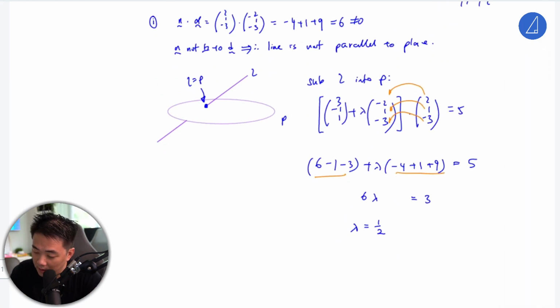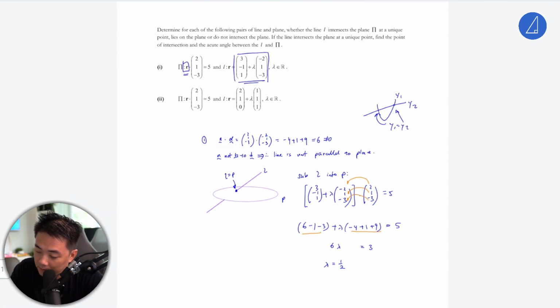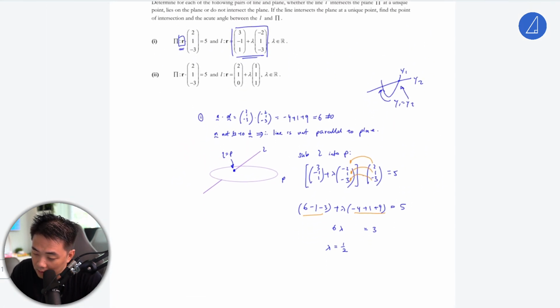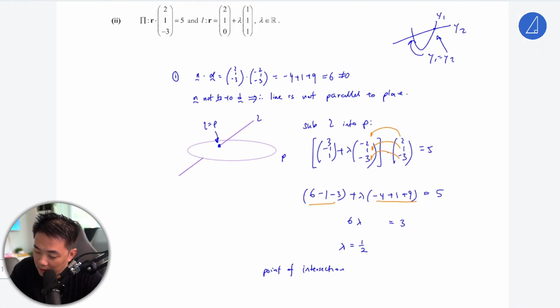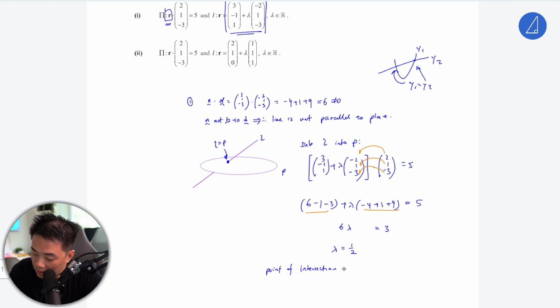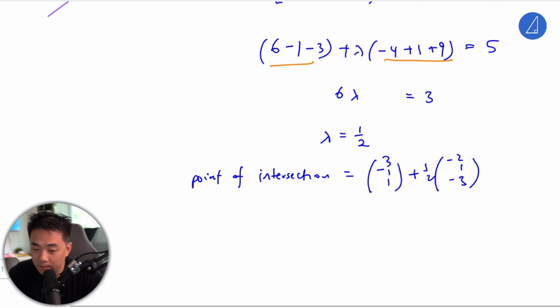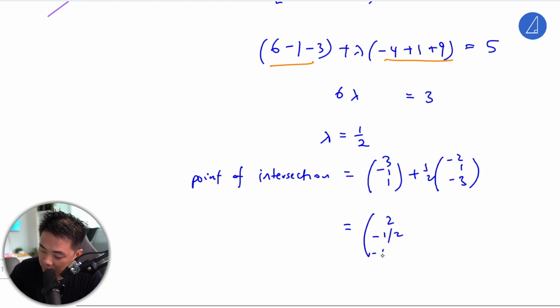Once done, the point of intersection, the unique point of intersection, will just be this point here. Just substitute into the line equation: 3 minus 1, then 2 minus half, then 1 minus 3 over 2, that will be negative half also.